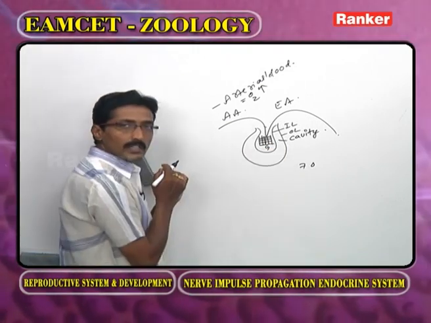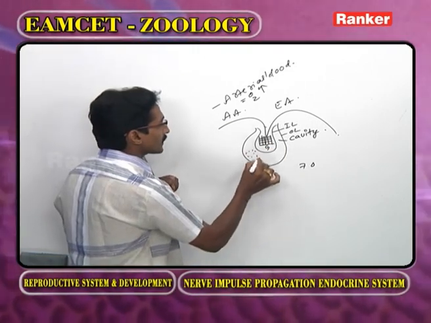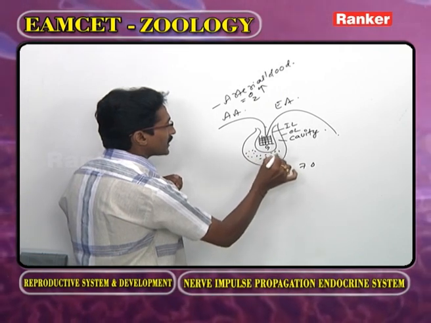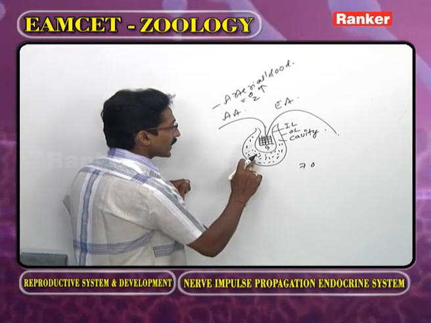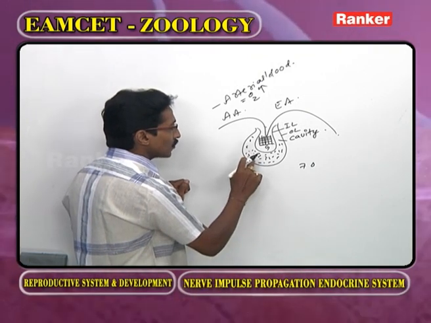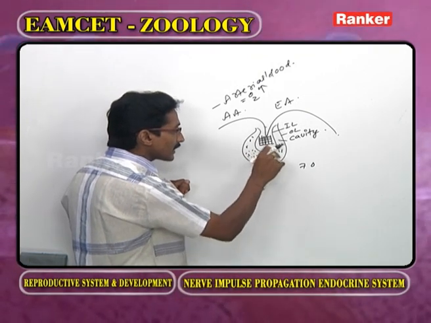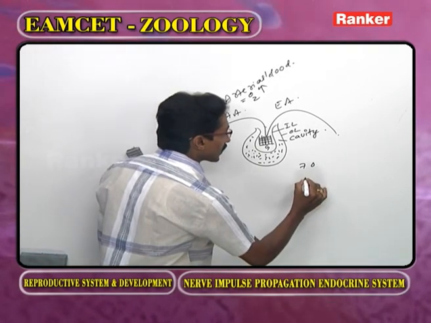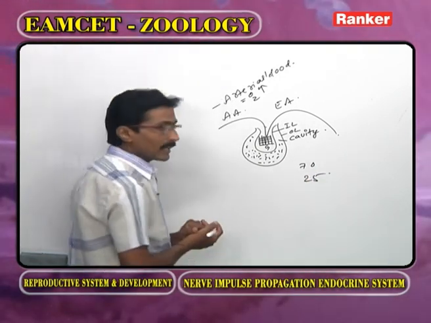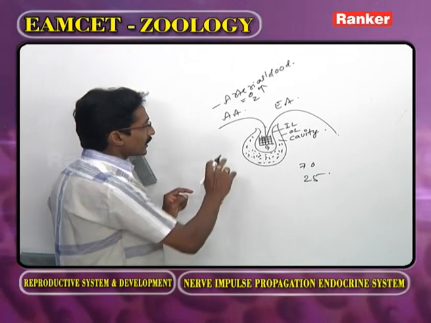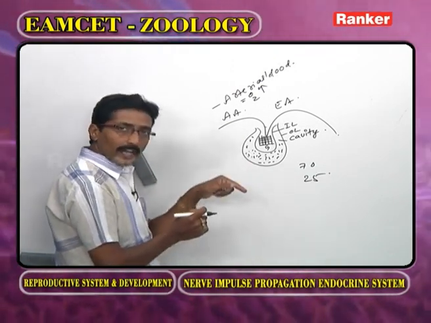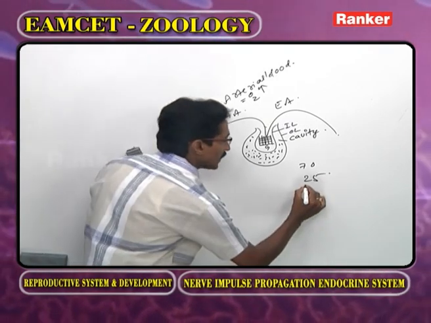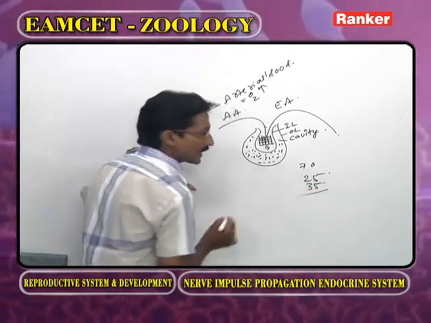Now this one we call the lumen of Bowman's capsule, or the cavity of Bowman's capsule. It is filled with the cortical fluid or tissue fluid of the cortex. Now what is the pressure of the fluid present in this capsule? That we call 25 mmHg. Now because of the proteins, the blood has a colloidal pressure, that we call 35.